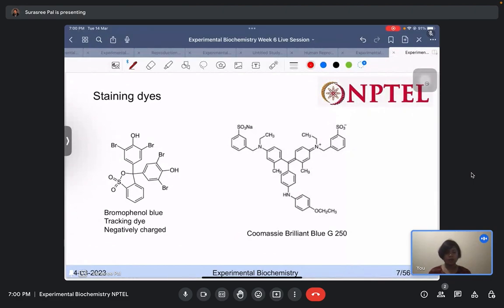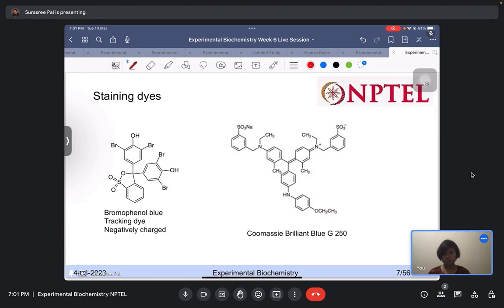First of all, while the gel is running, we have to ensure that we do not run the gel too much, so that our protein samples do not get out of the gel and are lost.